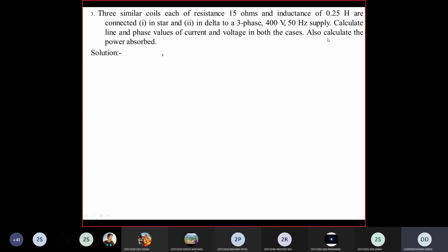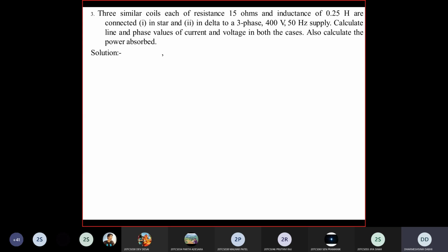As we know, in both the star and delta cases the power remains the same. Star connected power is also same as the delta connected power. So first for the star connected load, calculate line voltage, phase voltage, line current and phase current.